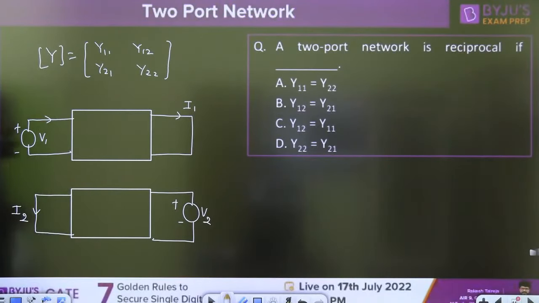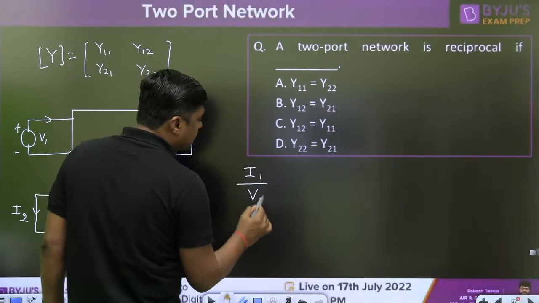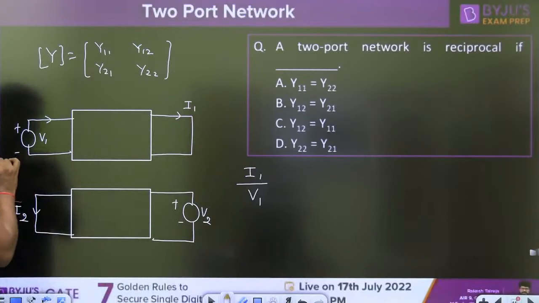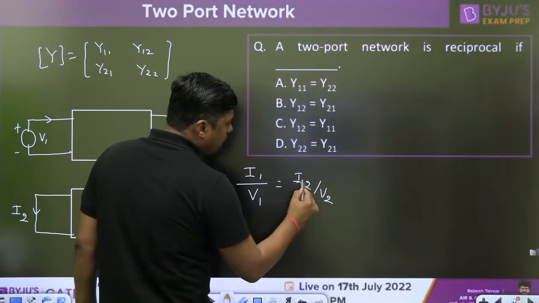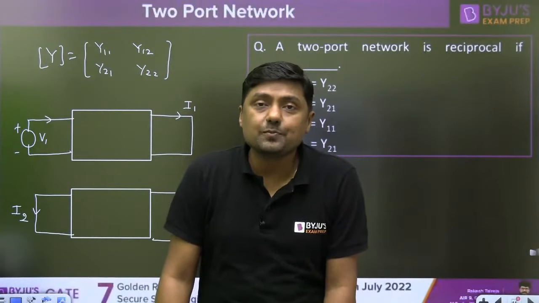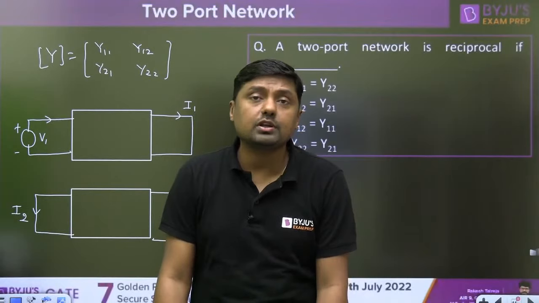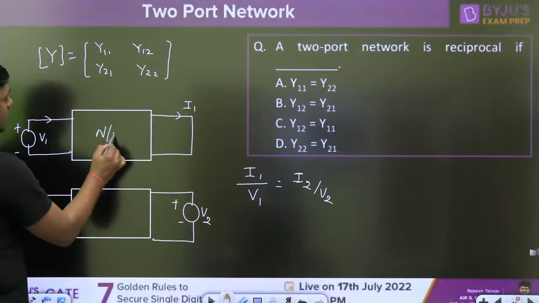So according to the reciprocity theorem, the response upon excitation, that is I1 upon V1, and the response upon excitation in the next diagram, the ratio of these two will remain the same. That is called the reciprocity theorem, and that particular network is called a reciprocal network.